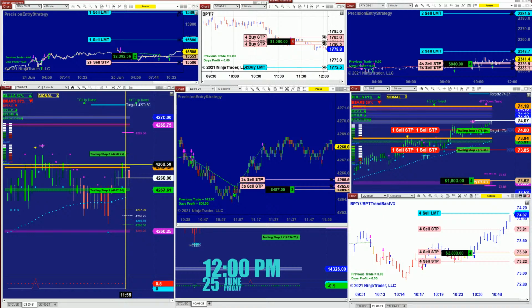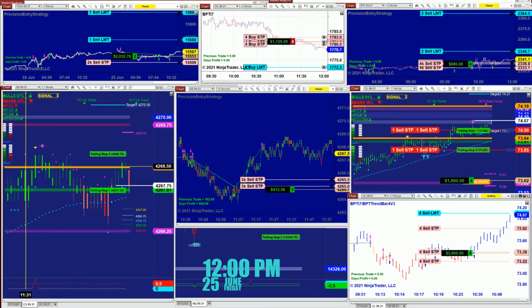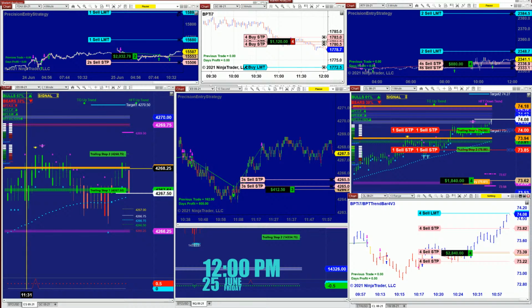The problem is, for the last half an hour, this ES has nothing to do with your auto trade performance. The ES is having a problem crossing 4268.25. As we see on this chart, from 11:30, and now it's 12 o'clock, for the last half an hour, the ES has been trying to climb that line and has fallen.